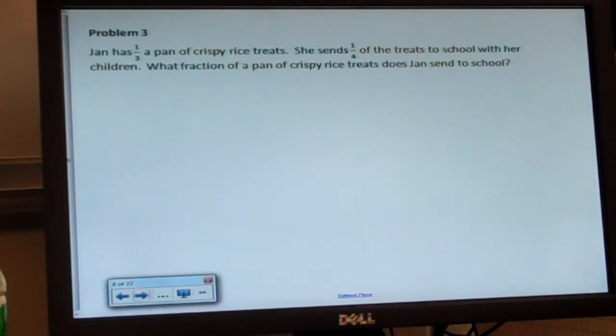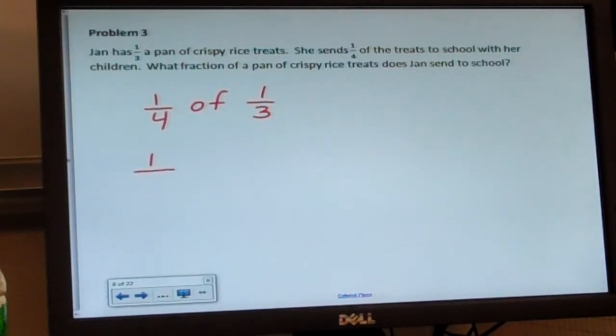She has 1/3 of a pan of Rice Krispie treats, and she's sending 1/4 of those treats to school with her children. So what does she have to start, Michaela? 1/3. So what is our number sentence going to be for this one? I need to see more hands. Allison? 1/4 of 1/3. Perfect. 1/3 is what we have to start, and we're finding 1/4 of that third.